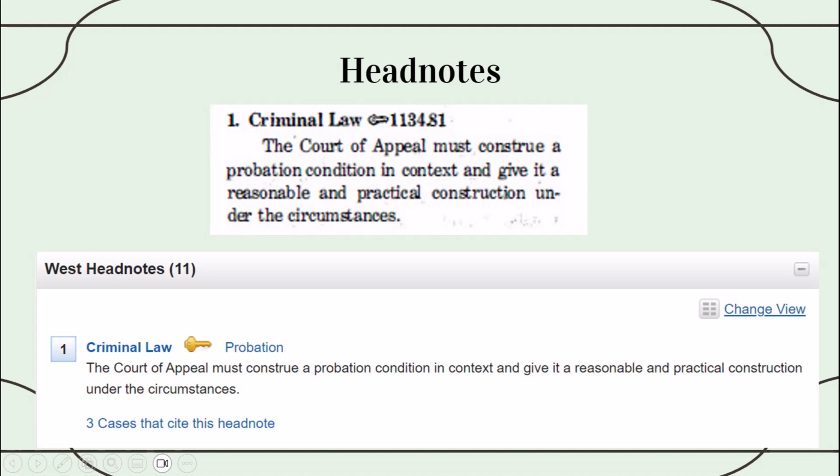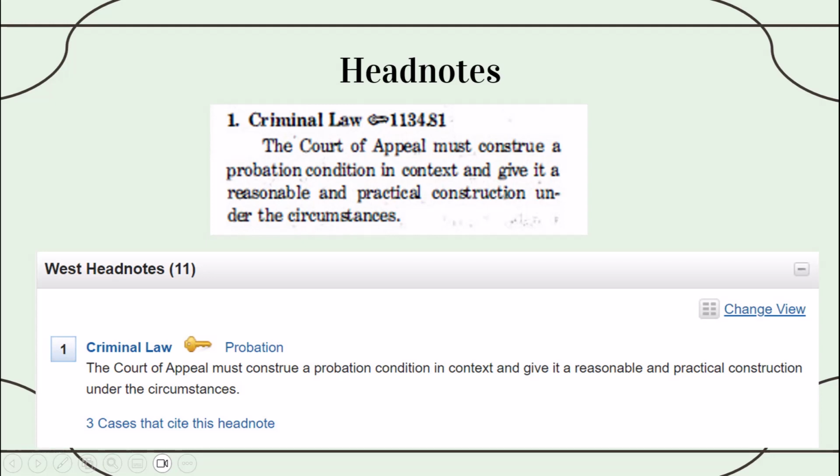Part 3 is the key number. Here, that's 1134.81. So this is criminal law key number 1134.81. And the fourth part is the abstract or summary of that headnote. And it's here: the Court of Appeal must construe a probation condition, etc., etc.